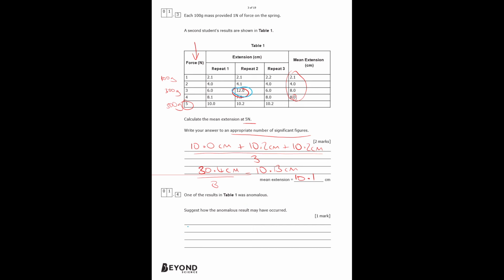The likelihood here is the student recorded the spring length in total rather than just the extension. This is a common error in this experiment, or a reason for anomaly.